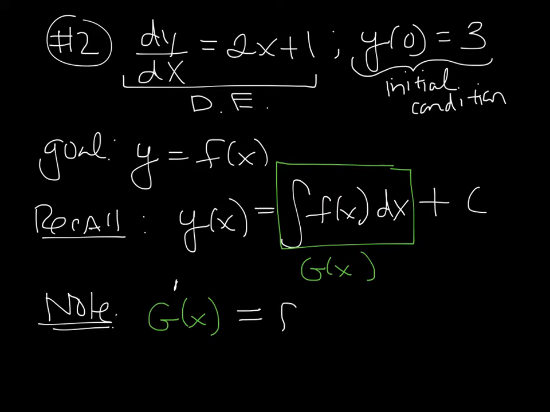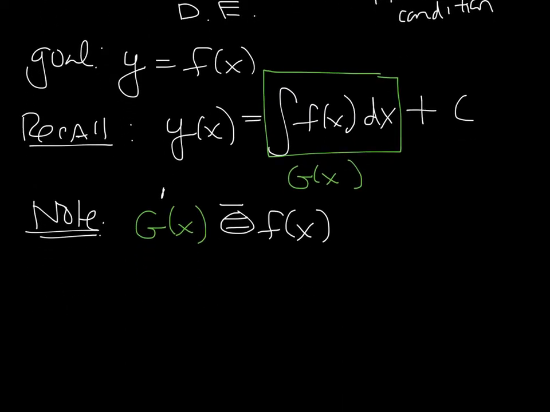And our original function is f of x. Now the book likes to use 3 horizontal lines to represent an identity, but I'm fine if you just use the equal sign.